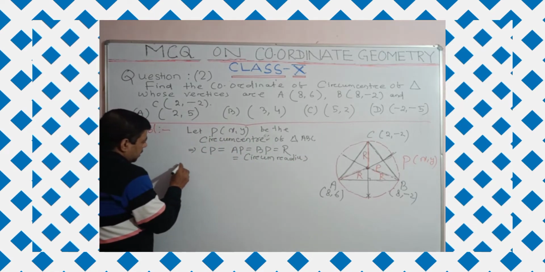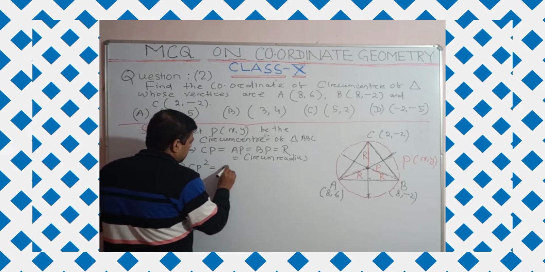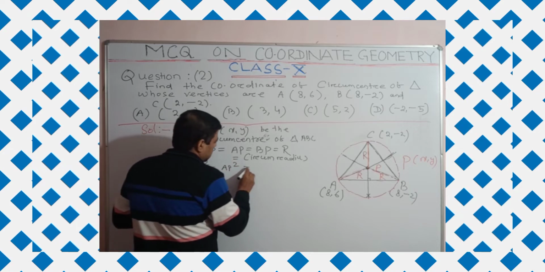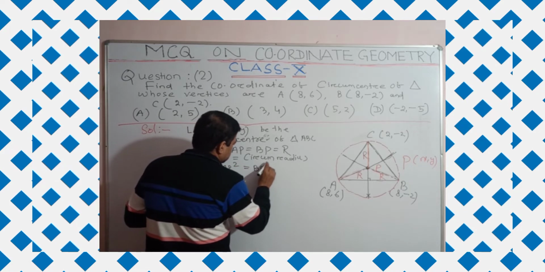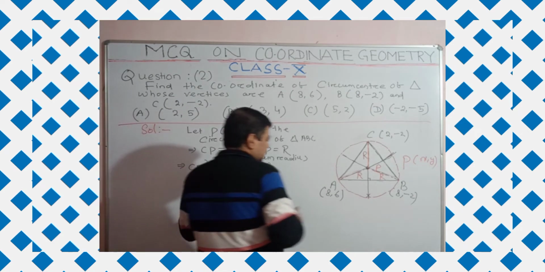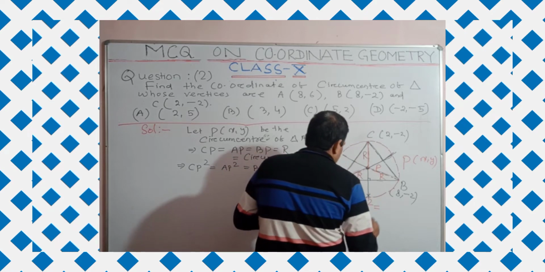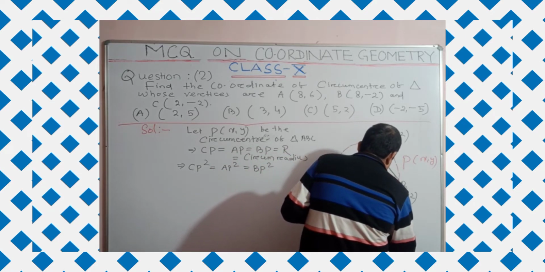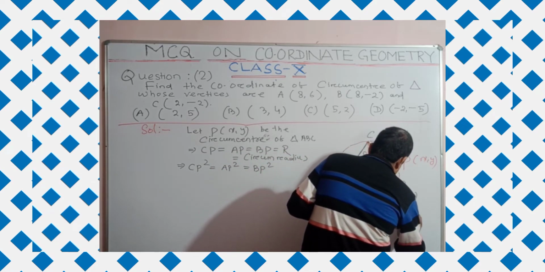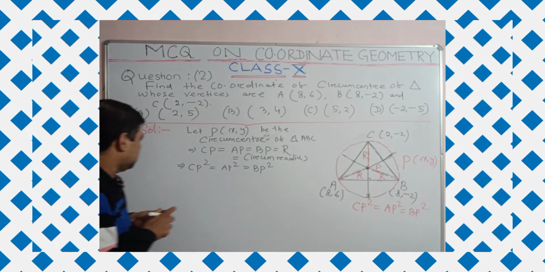That implies, if squaring on both sides, CP square is equal to AP square is equal to BP square.